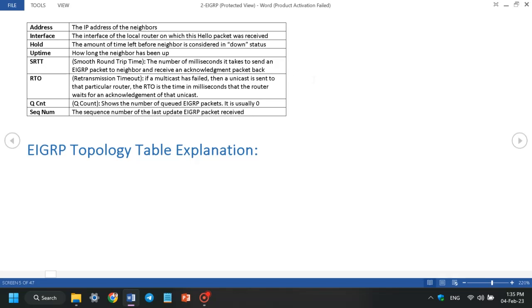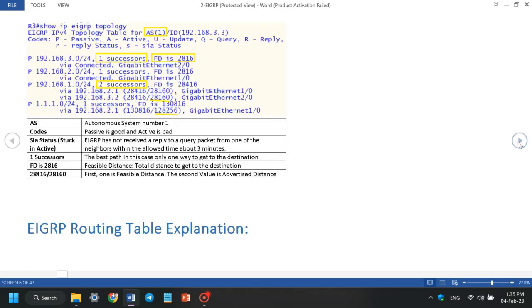Then we can check the topology table. This is the example for the topology table. Okay, so you can just read this one. It's easy to understand.